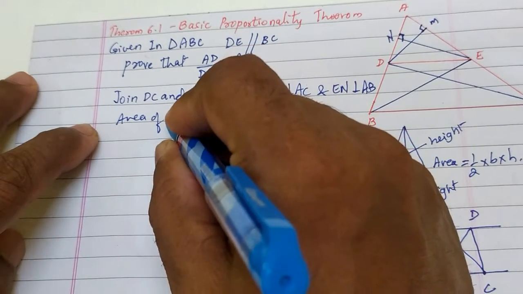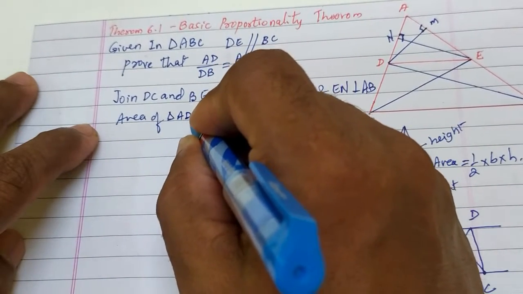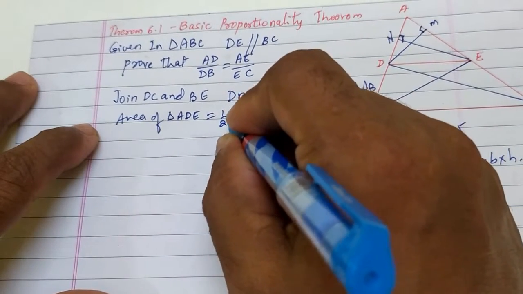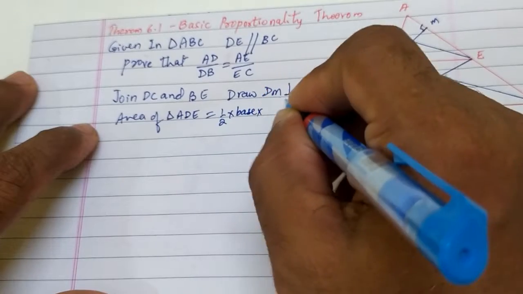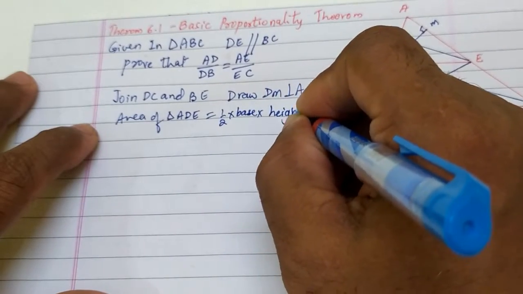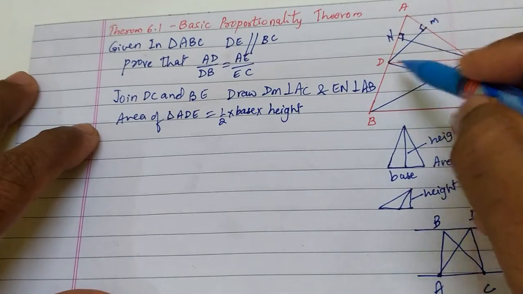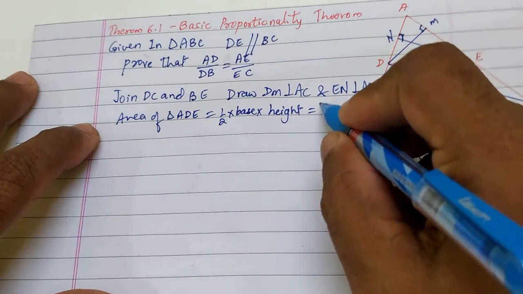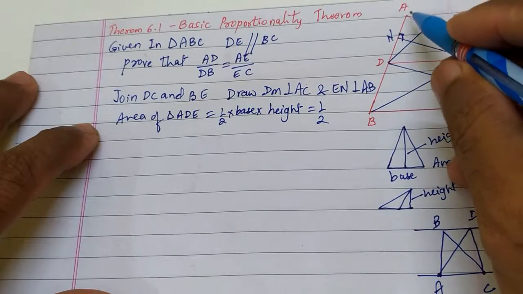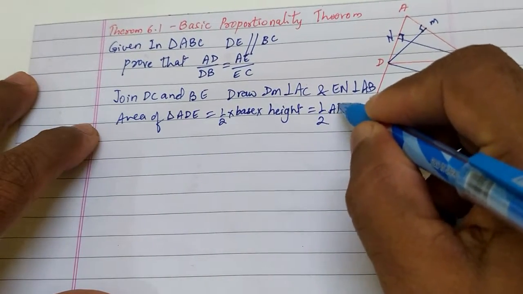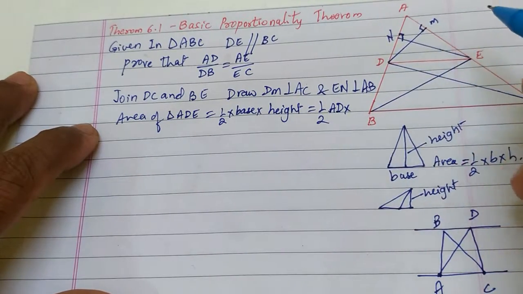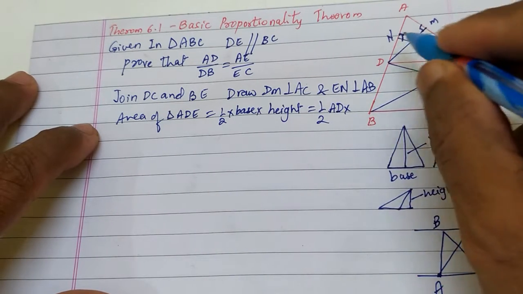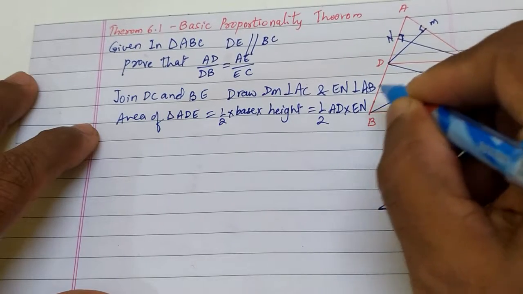Now the area of triangle ADE is half into base into height. For this triangle ADE, what is the base? AD is the base, and the height is EN. As this is the base, this is the height, EN.